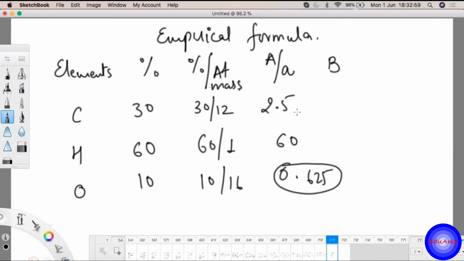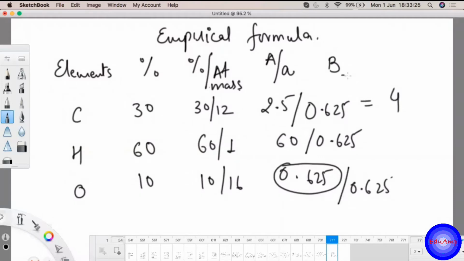So now I'm going to divide all these numbers by 0.625. In the last column, you will get certain values. 2.5 divided by 0.625 is 4, so B for carbon is 4. 60 divided by 0.625 is 96.